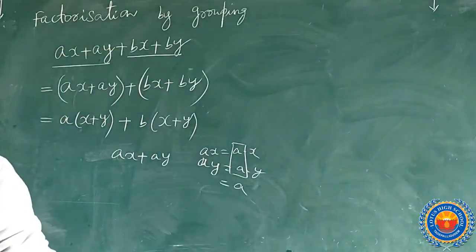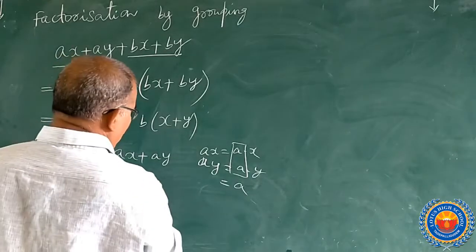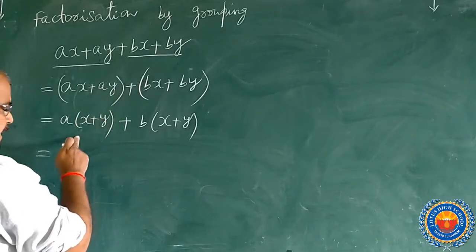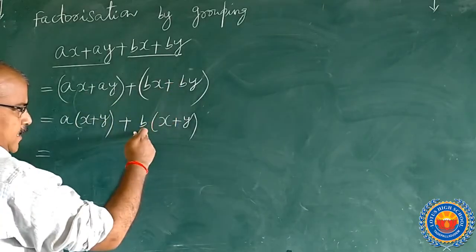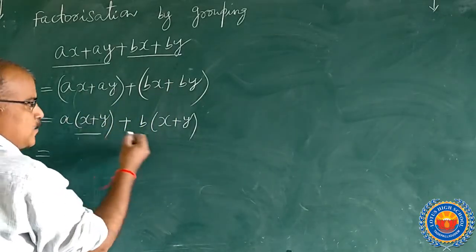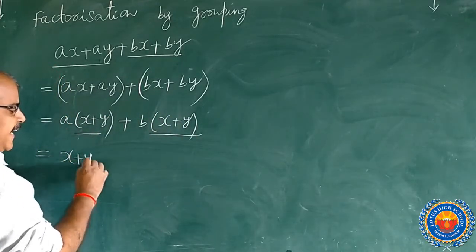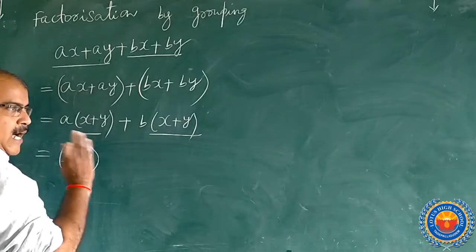Now, ax plus ay is nothing but a into x plus y, and bx plus by is nothing but b into x plus y. Here x plus y is common, so we take x plus y as a common factor.